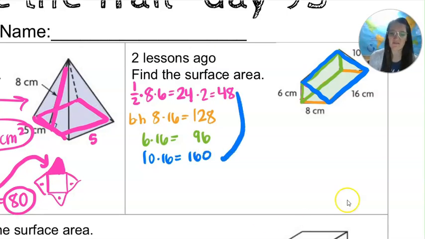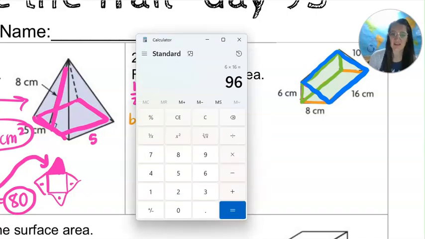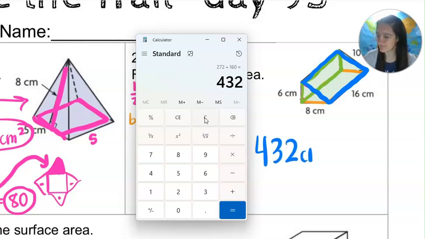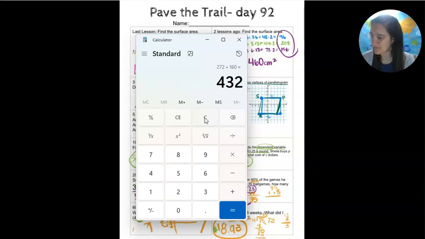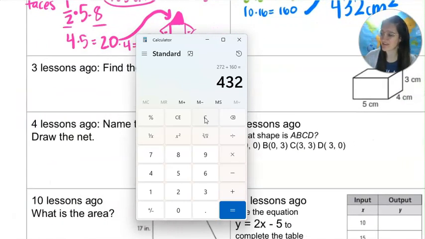So I add all of those together, and I get 48 plus 128 plus 96 plus 160. Get 432 centimeters squared. Is that what I got yesterday? Yep. So I probably did it correct.